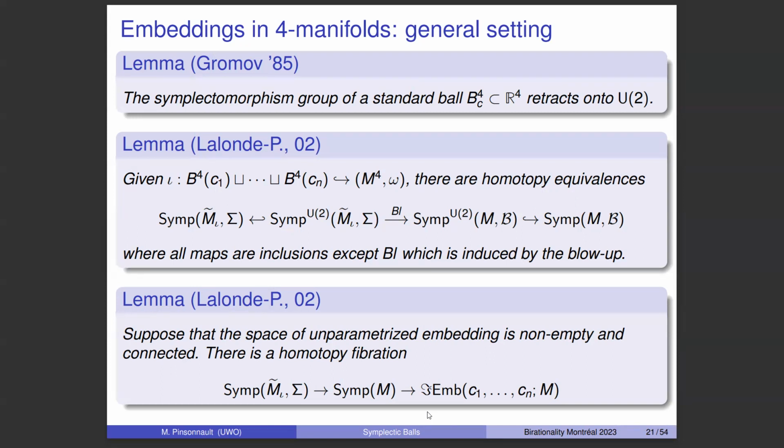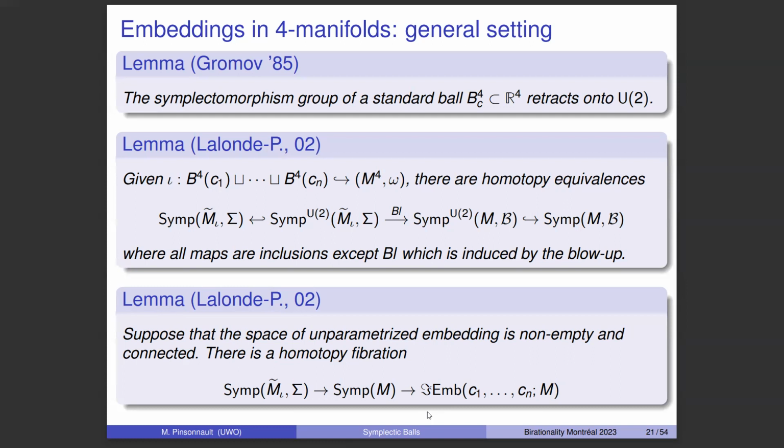So each ball is sent to itself, and I'm not permuting balls, which is forced if, for instance, all the capacities are distinct. Anyway, if you look at the stabilizer of your collection, then this is weakly homotopy equivalent to the ones that act linearly near your balls. Because of this, you can blow up, and what you get is something that acts linearly near the exceptional divisors that come from the blow-up. And again, you can show that this will be weakly homotopy equivalent to the symplectomorphism group of the blow-up, sending each exceptional divisor to itself.